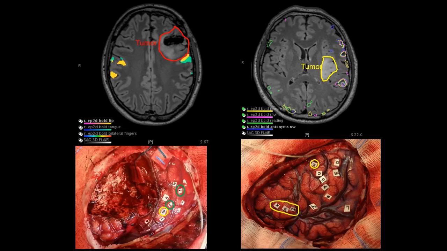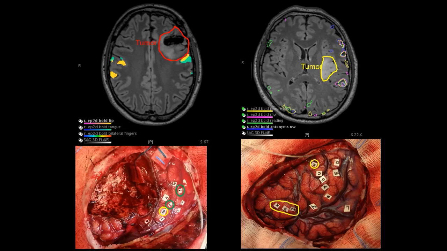On the right side, we see a left insular low-grade glioma highlighted in yellow, as well as activation sites for various language paradigms in the fMRI scanner. Below, during a picture naming task, we see critical sites here in the inferior frontal gyrus and more superiorly here.